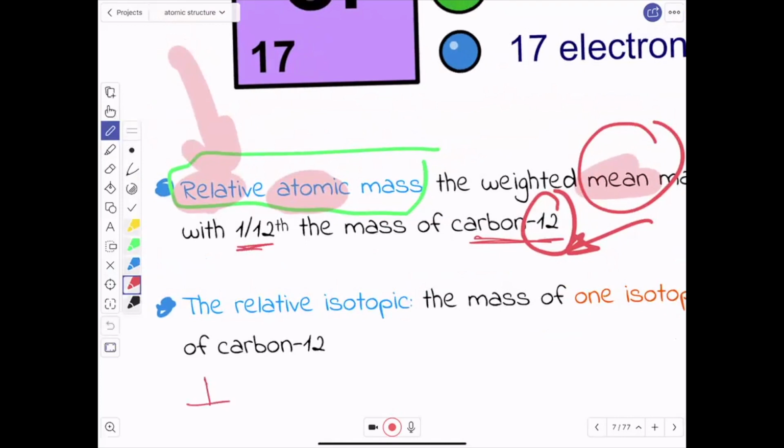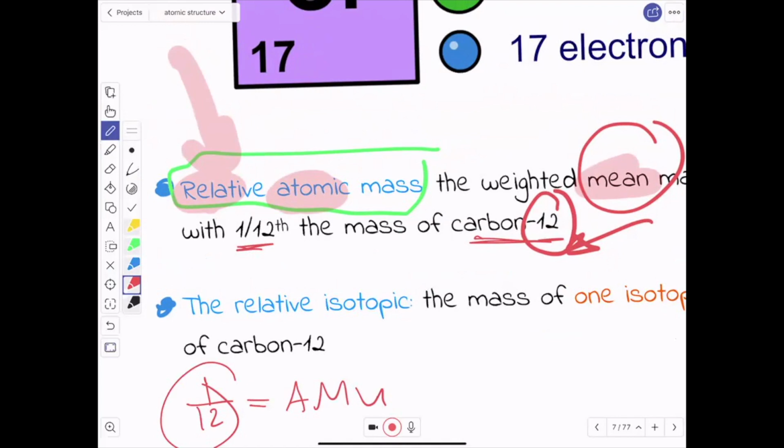What does 1 over 12 stand for? This means I'm taking 1 unit of the total mass of carbon. So 1 over 12 is what we call atomic mass unit, AMU. That's the unit we use for masses.